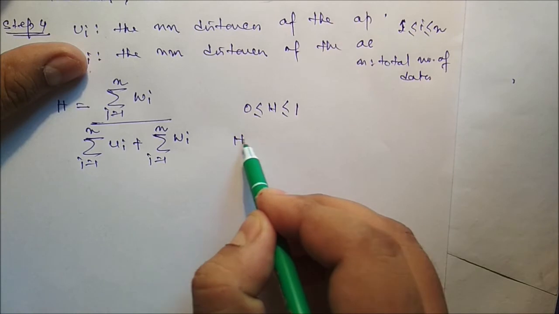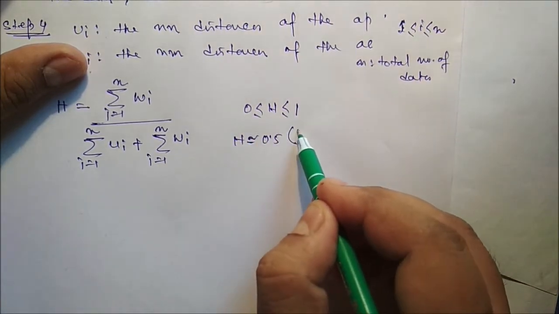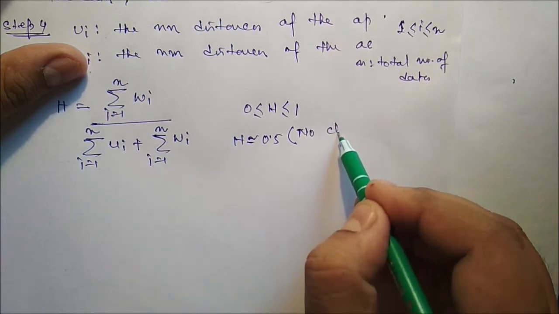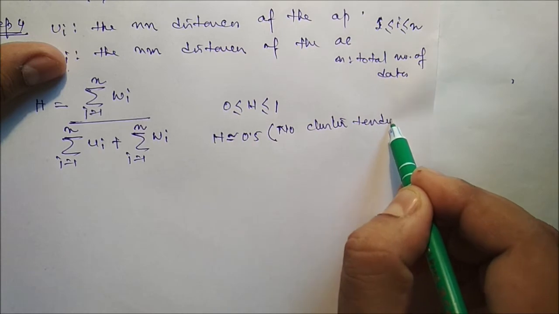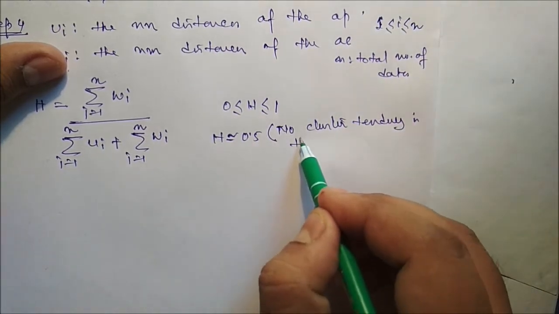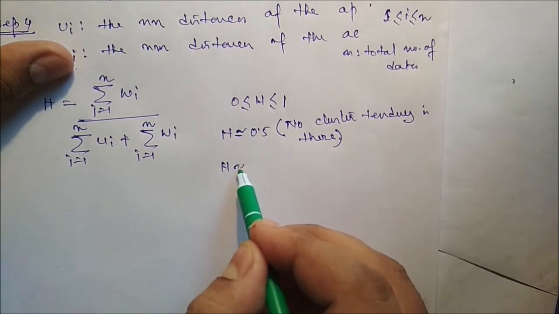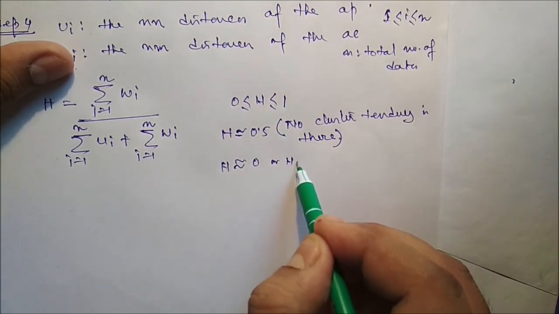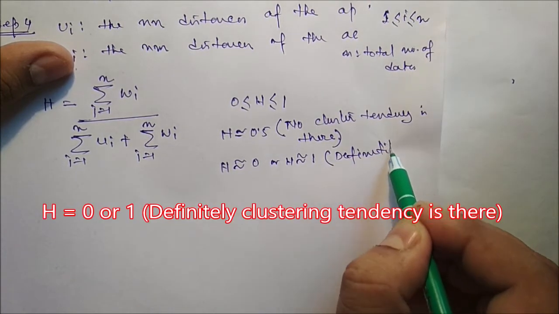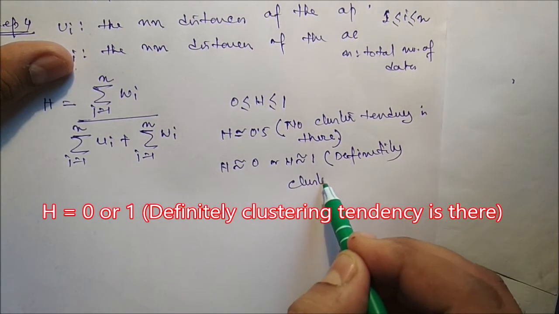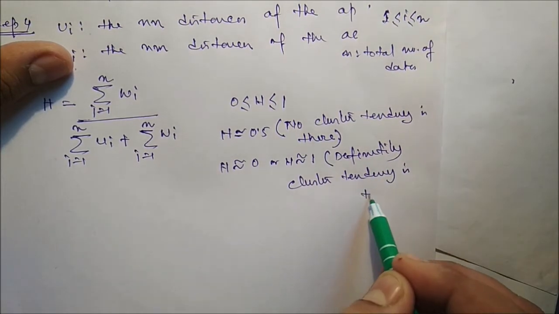If the value of H is near 0.5, that means no cluster tendency is there, it is totally random. But if H is near 0 or near 1, definitely cluster tendency is there.